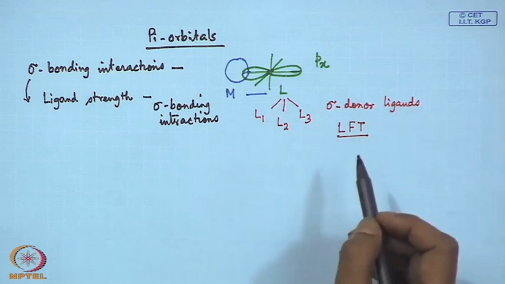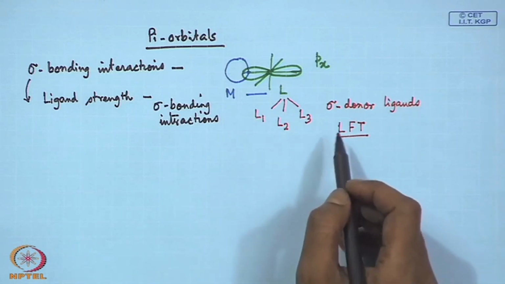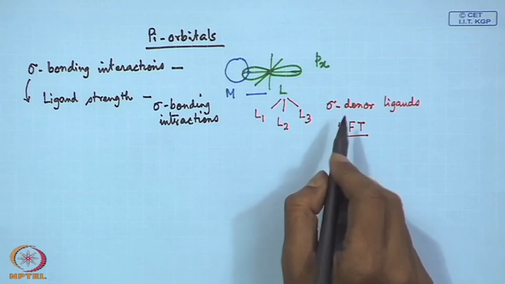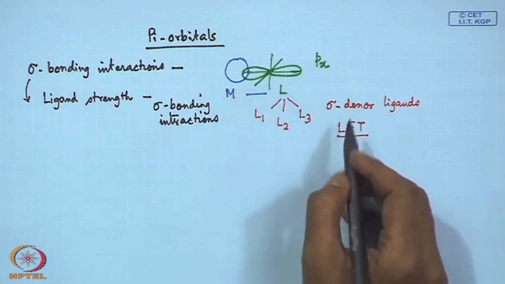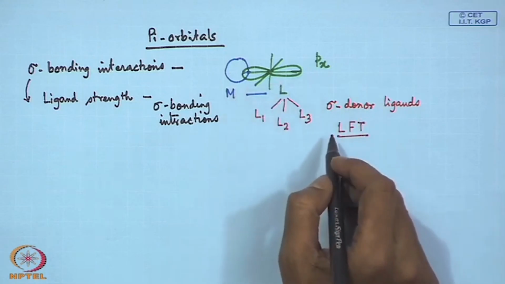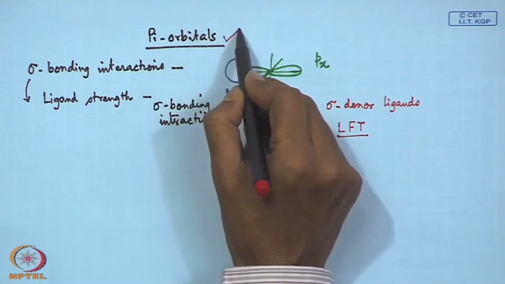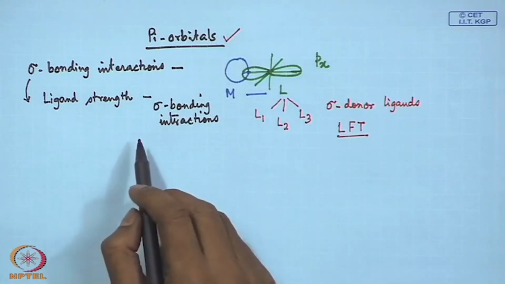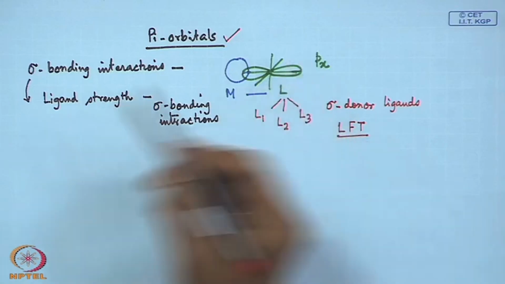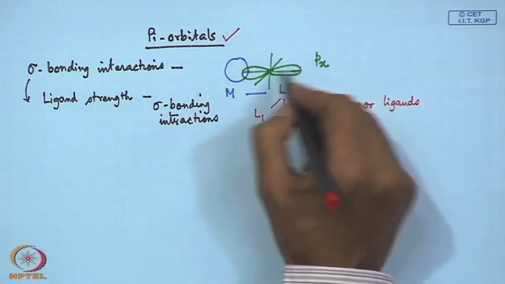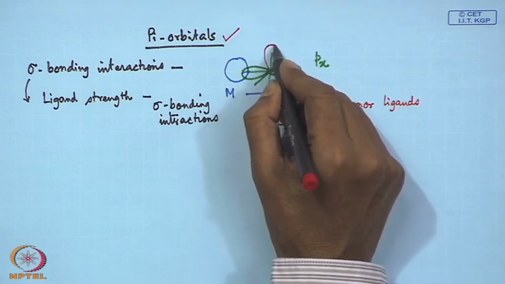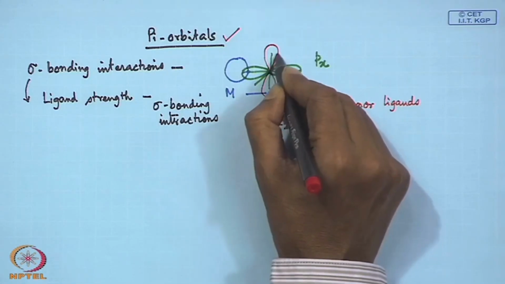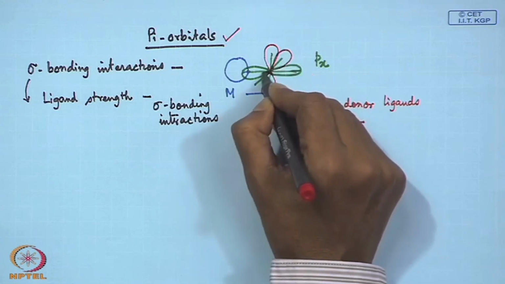But when we consider the other sort of interaction, because sigma bonding is not the only interaction taking place between the metal and the ligand, we can have some interesting interactions from the pi orbitals. So, we must have some choice for the remaining orbitals available from the ligand set, that means the px and the py orbitals.